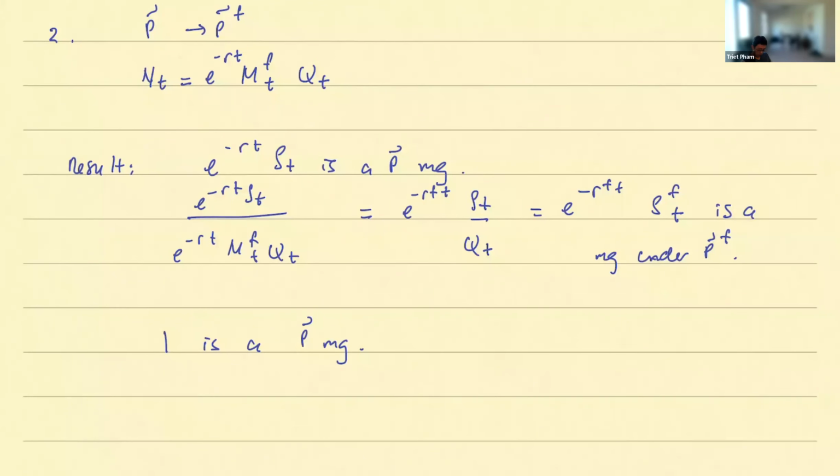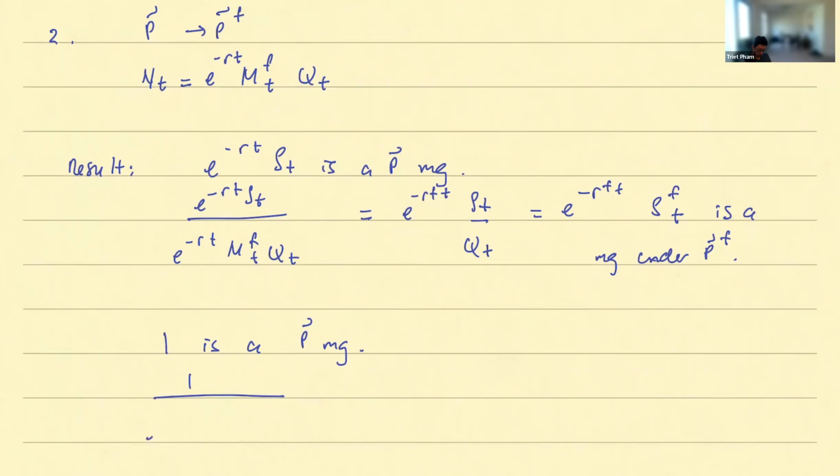Therefore, hold on. So 1 divided by... I'm trying to get to the 1 over QT here, but I think I'm running into some trouble. Oh, you know what?